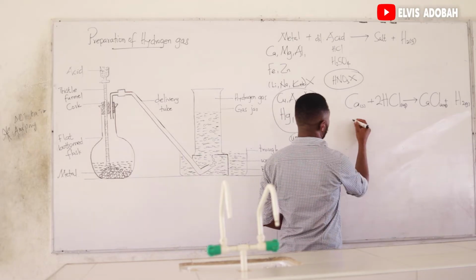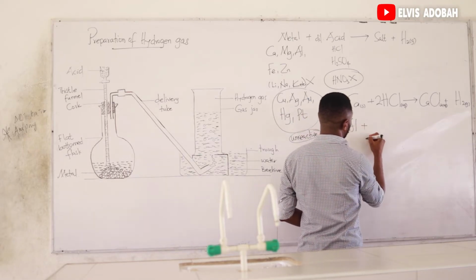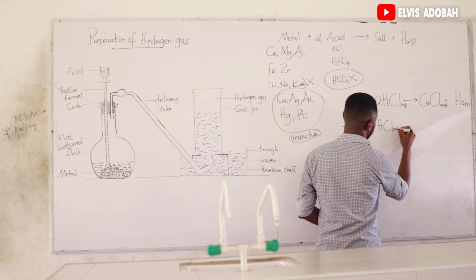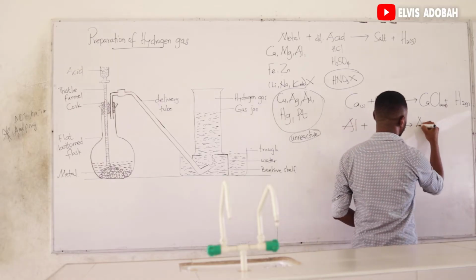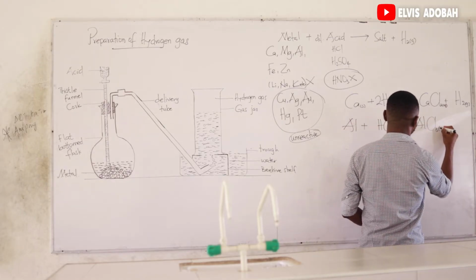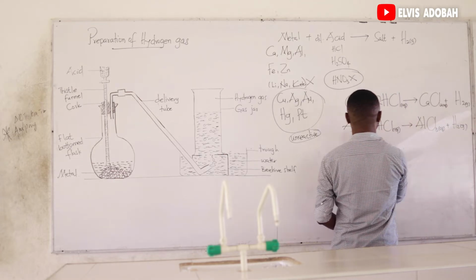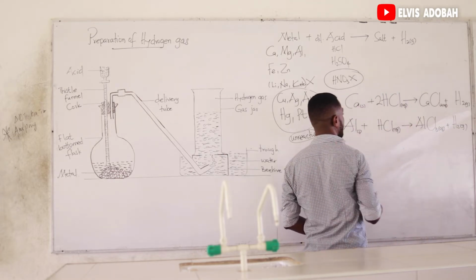Also, we can have aluminium reacting with hydrochloric acid to form aluminium chloride and release hydrogen gas.